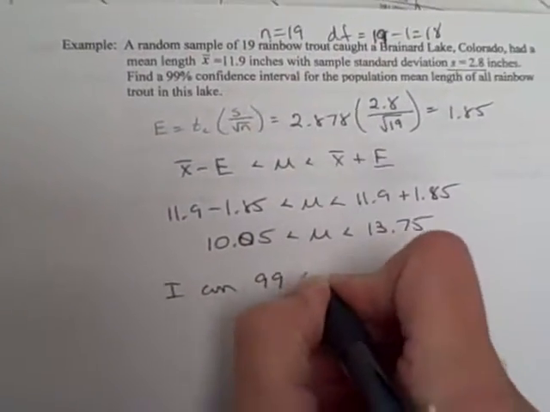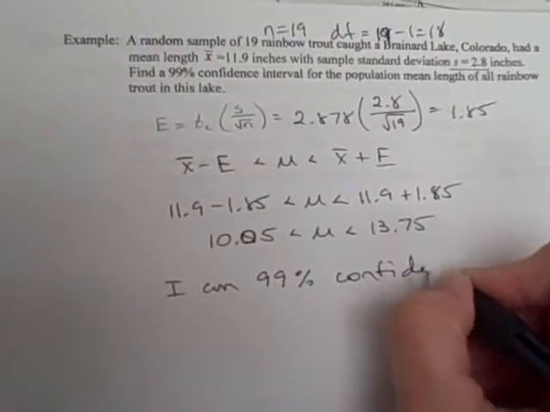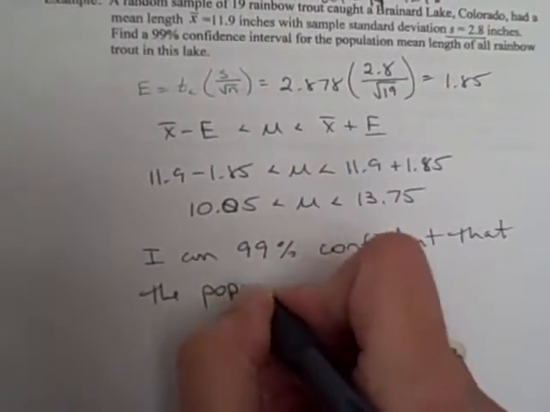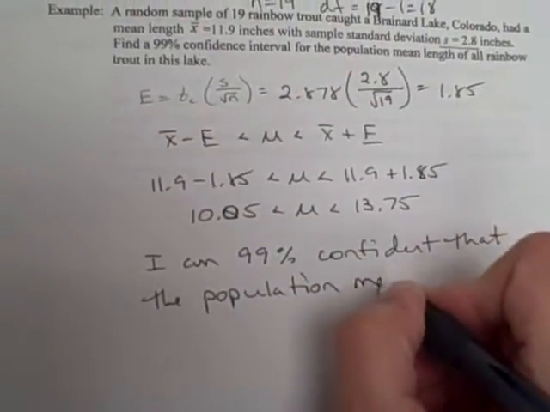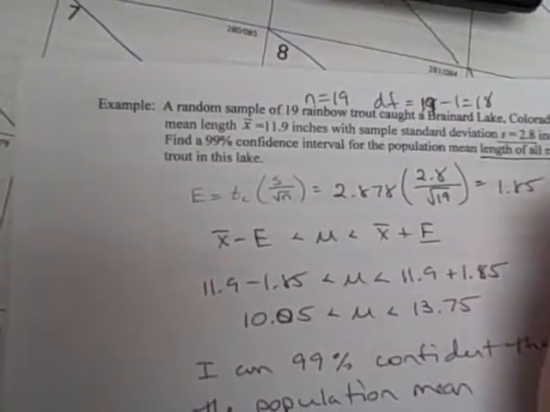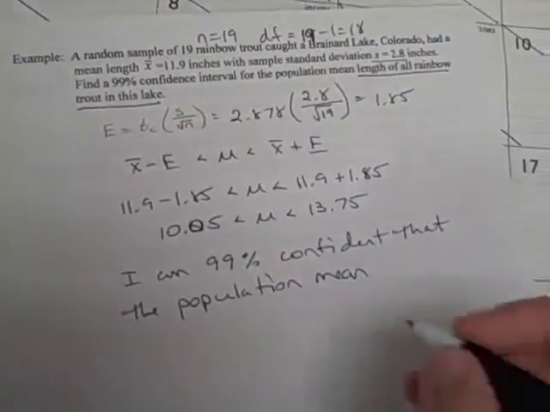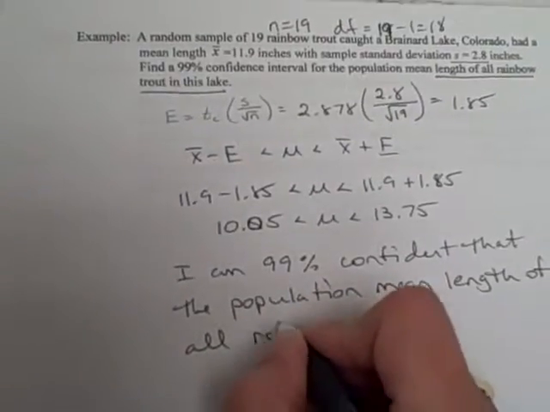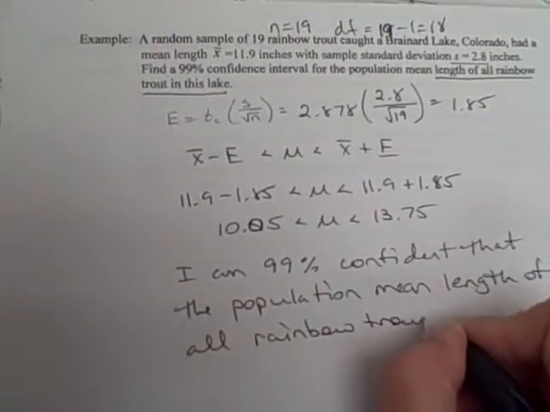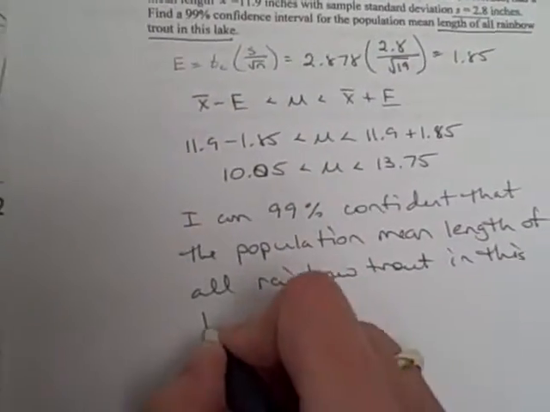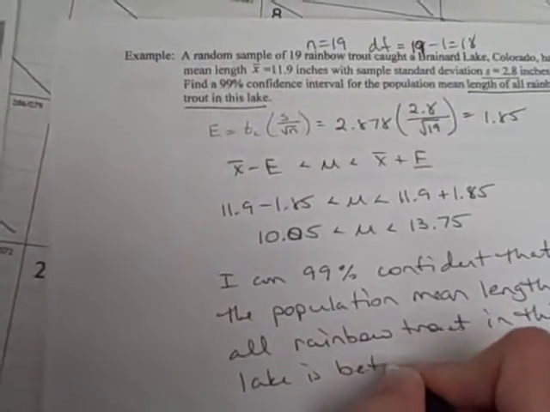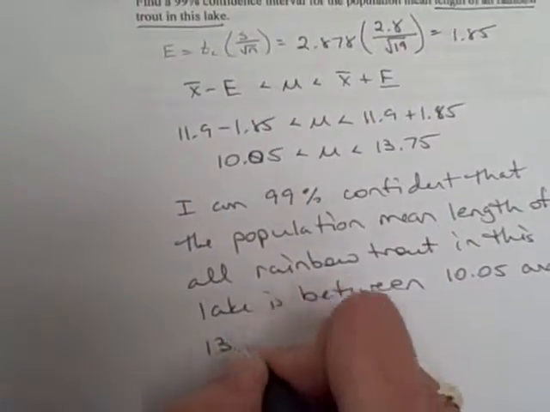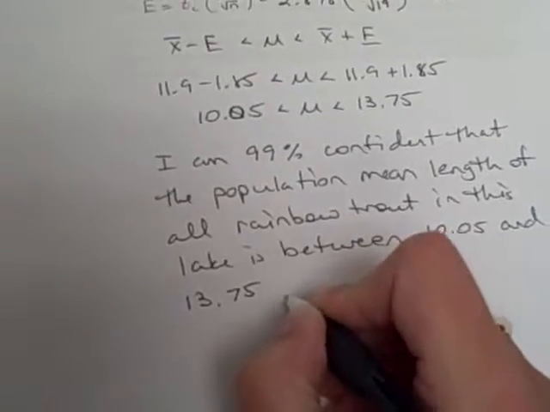I am 99% confident that the population mean, the population mean length of all rainbow trout in this lake, is between 10.05 and 13.75 inches.